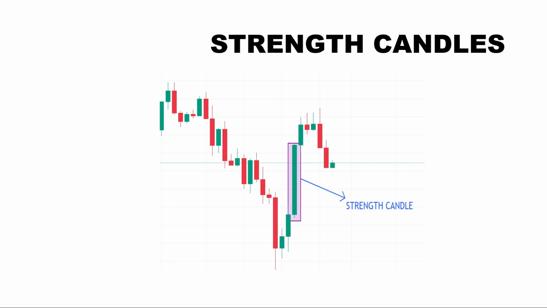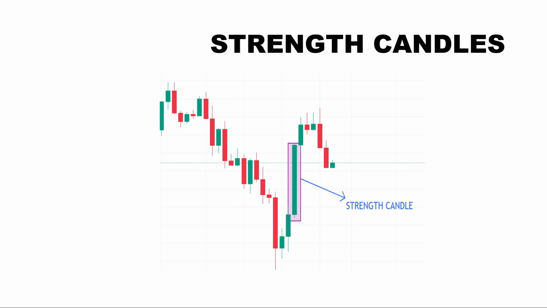In any liquid market, either the buyers or the sellers are in charge, or there is a bit of a stalemate. Usually when you see strength candles, they show you who is in charge, because the little wicks show little sign of struggle between those in power and those trying to oppose the direction.